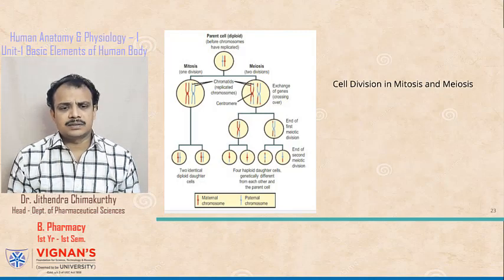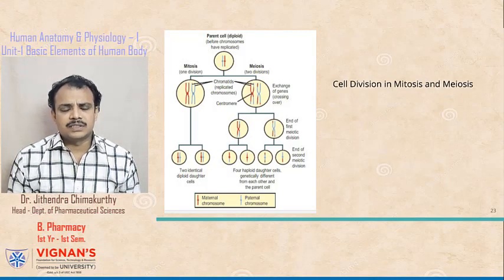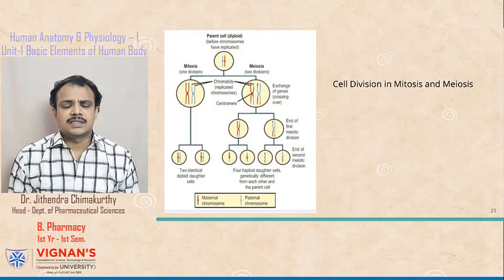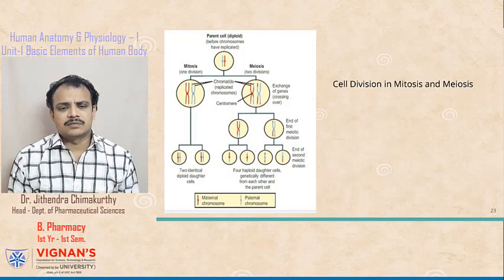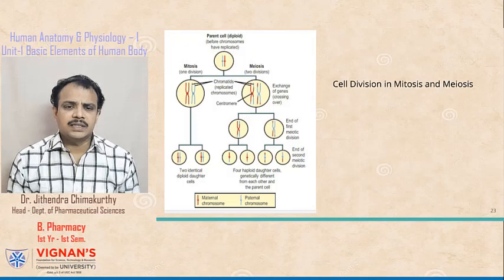Unlike mitosis, meiosis occurs in two different stages, or it undergoes two different cell divisions. That is, the first meiotic division and the second meiotic division.